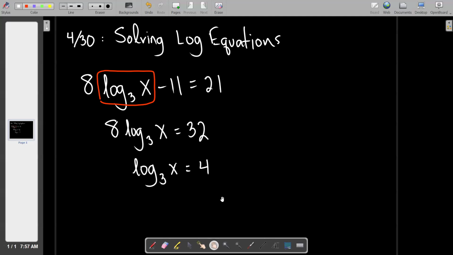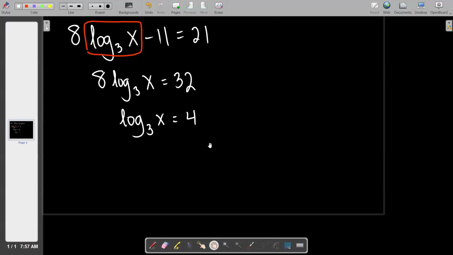What log equations boil down to at the end is just the water cycle. I've said it 100 times and I'll say it 100 more: you need to embrace the idea of base to the lonely guy equals argument. That cycle over and over again is what enables us to take these out of Logville and put them into Workableville.